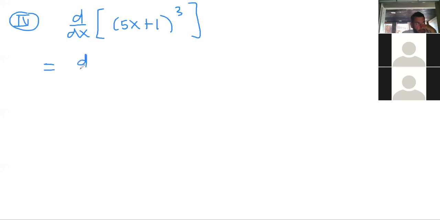And I'm going to do a very similar problem. This time I'm going to say 5x plus 1 to the third power. Now again, I could use the product rule if I wanted, but instead I'm going to note that I can multiply this out using some algebra. So when you were in algebra class, you learned how to do this.